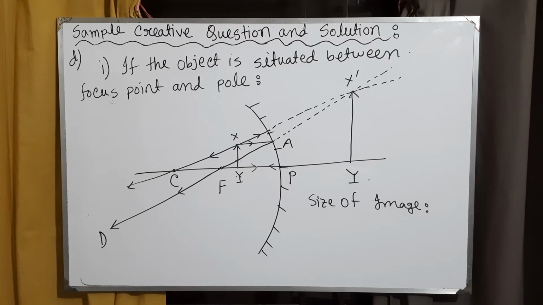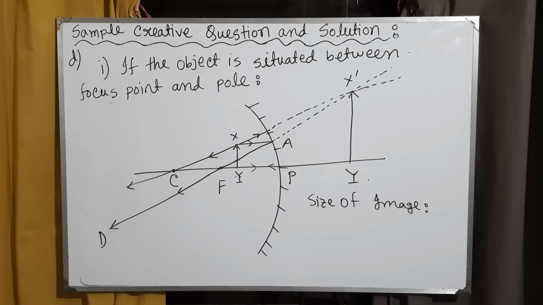So X prime is the virtual reflection of X. The X prime Y prime perpendicular drawn from X prime onto the main axis is the virtual reflection of the object XY.